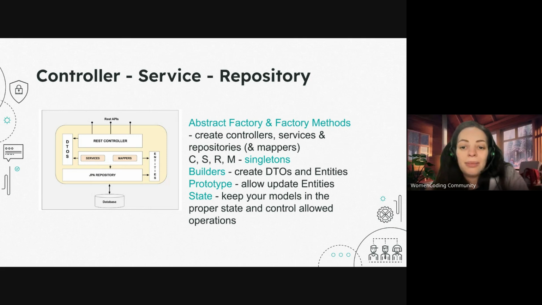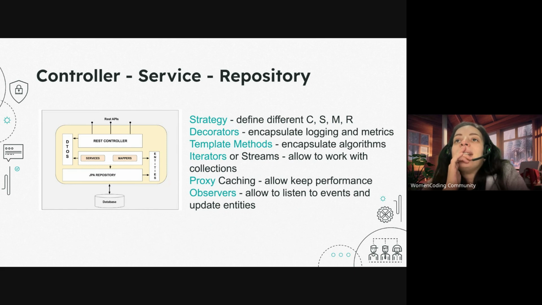Maybe we do not implement them, but we use them by the concept. We know where they are. We know how exactly they help us to build our application. And that was mostly creational patterns.